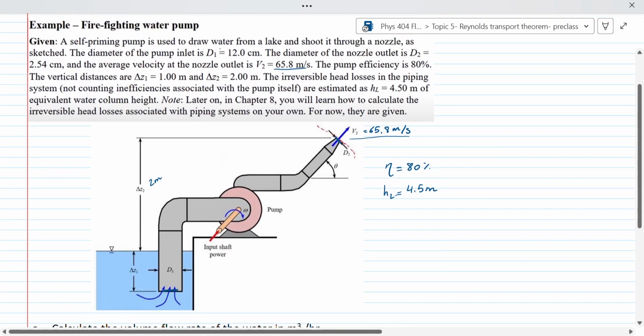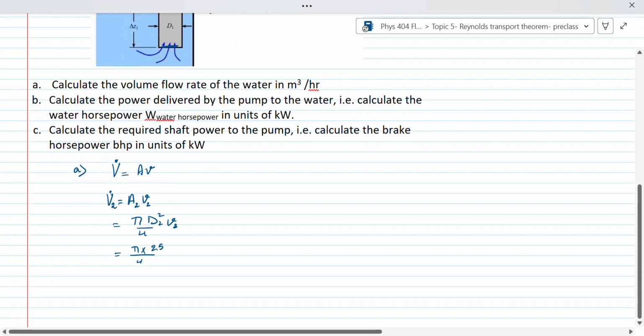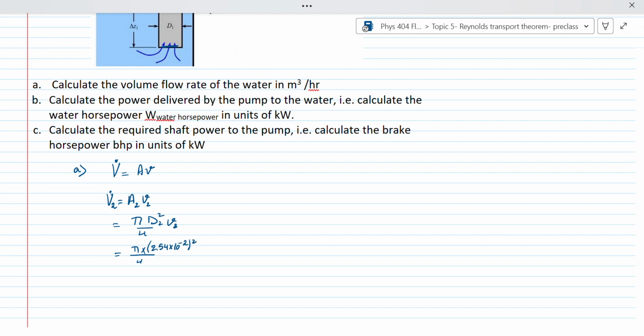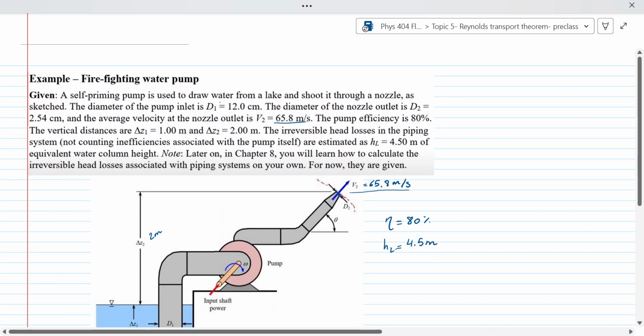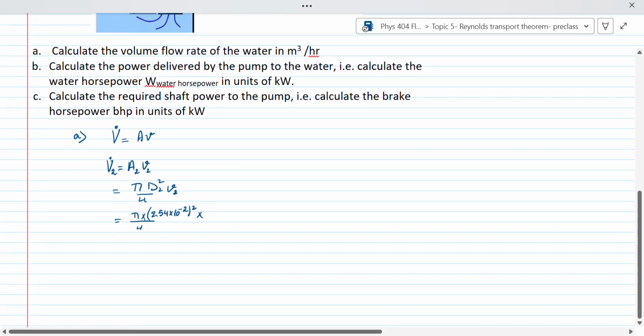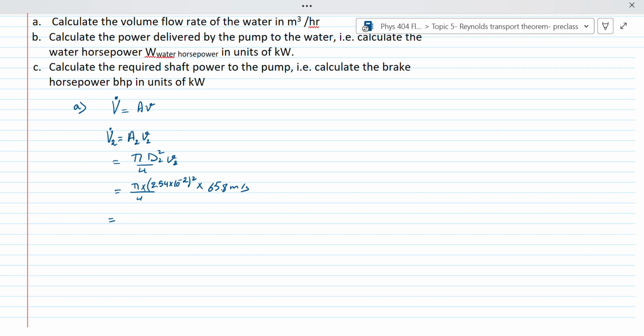So I just saw that D2 is 2.54 centimeters. And I have V2, its value is 65.8 meters per second. So I can actually obtain the value of the volume flow rate across the outlet.